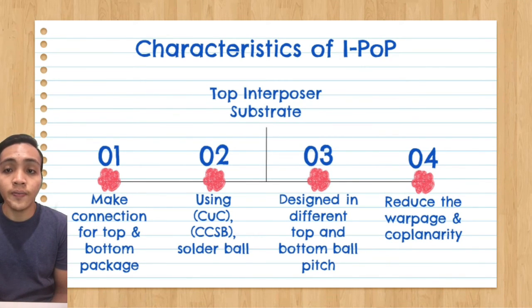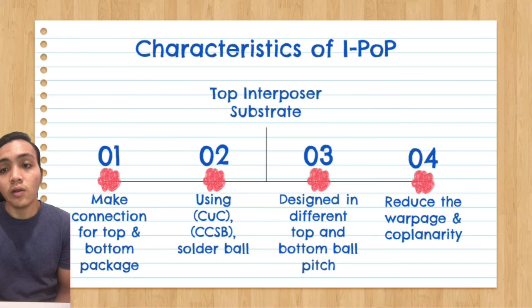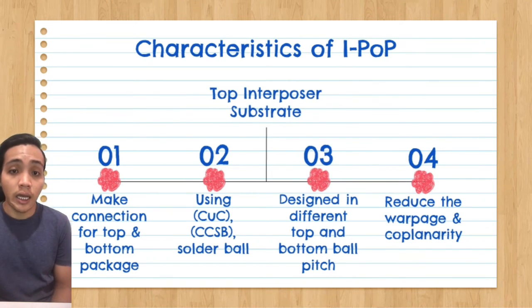The first function of the top interposer substrate is to make the connection between the top and bottom package, using copper column, or copper core solder ball, or solder ball. The third function is to allow different top and bottom ball pitch, and the last function is to reduce the warpage and coplanarity.